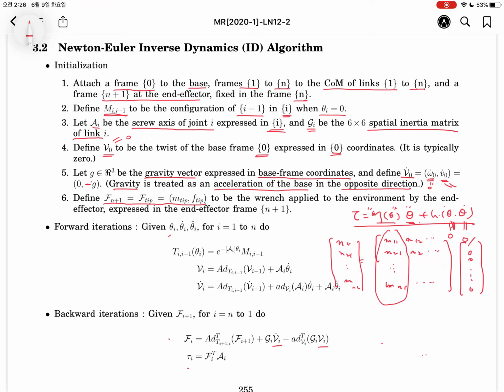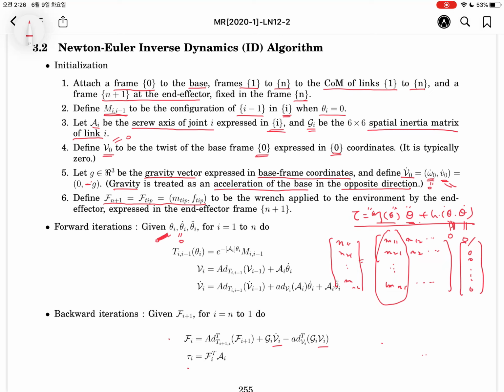Is it right? So we will set this to 0. Okay, this is the given constant. I'm sorry, this is not 0. This is the given. Theta dot is 0.